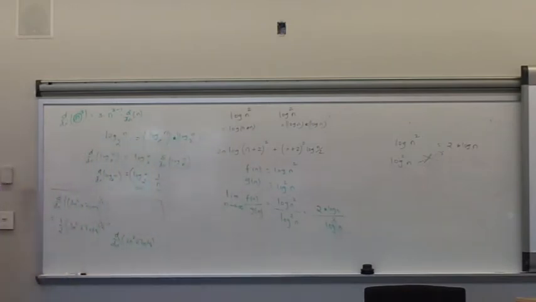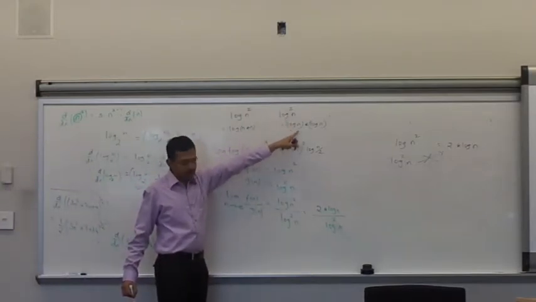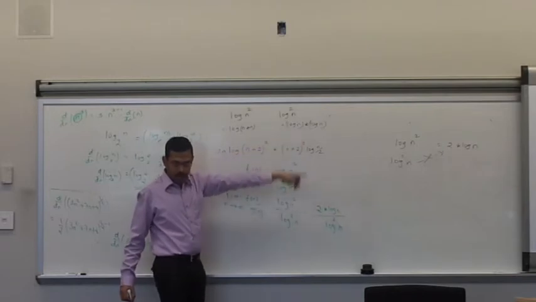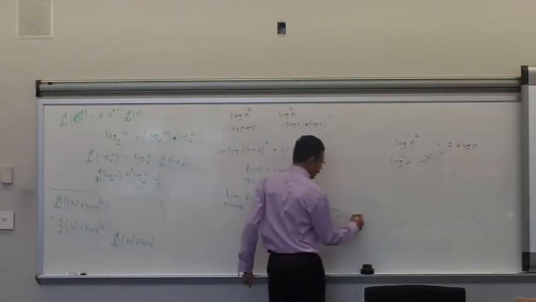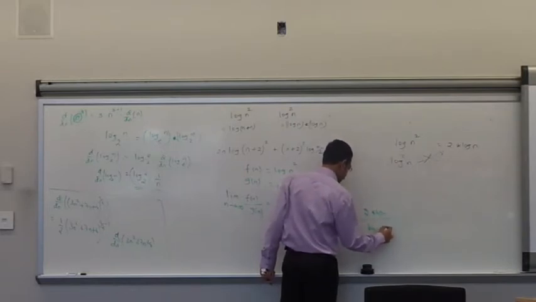Log square n is log n times log n, right? So I can apply that here and say this is 2 times log n divided by log n times log n.